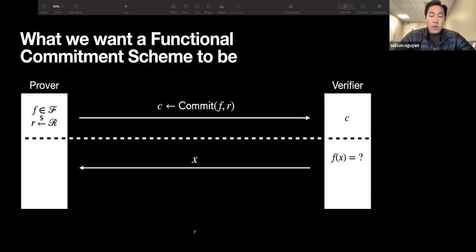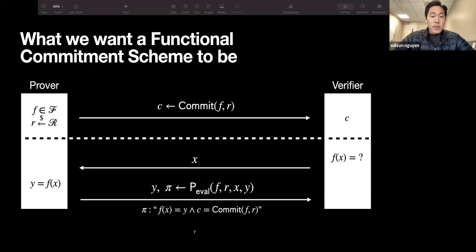And the verifier wants to know what F is, selectively opened at some input X in the input space. The prover calculates Y equals F of X. And then after some thinking and computation, generates an evaluation proof.